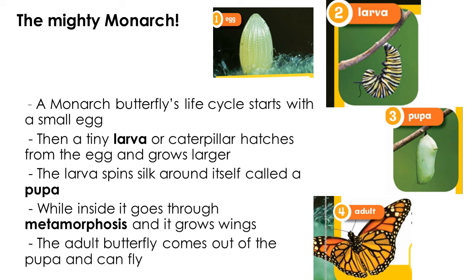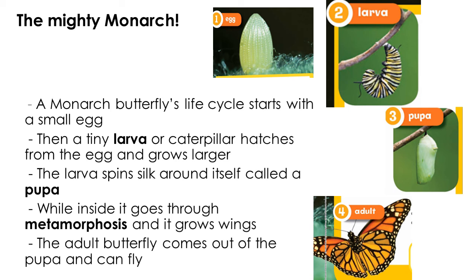You can sort of see that it's going to be a butterfly because it almost has a similar color scheme as the adult butterfly, but we don't know that yet because it's looking much like a worm caterpillar.